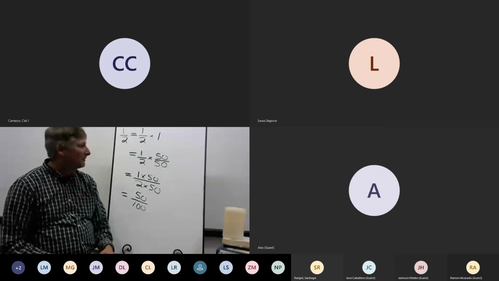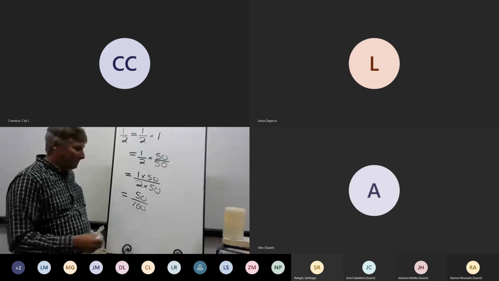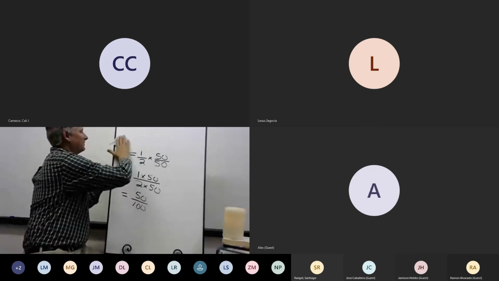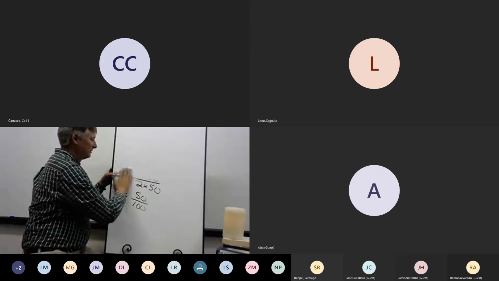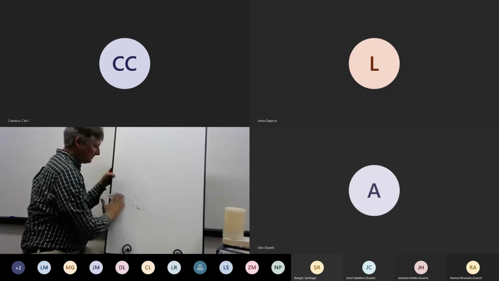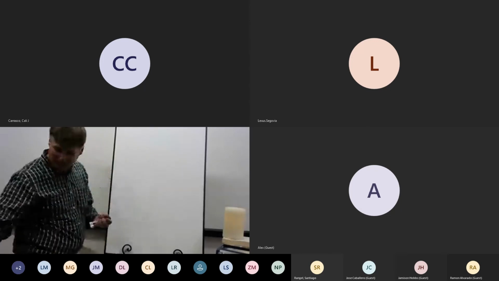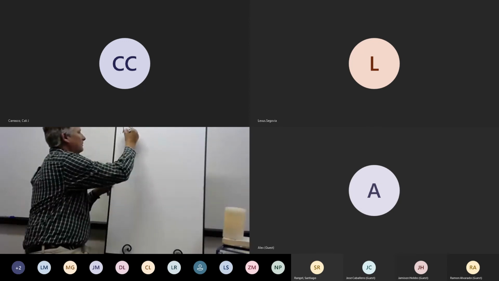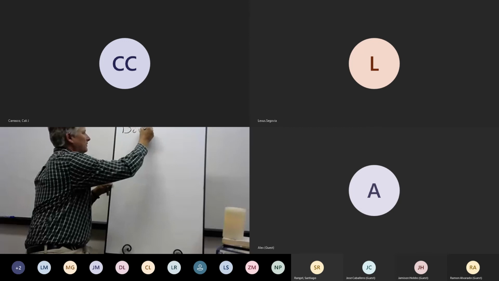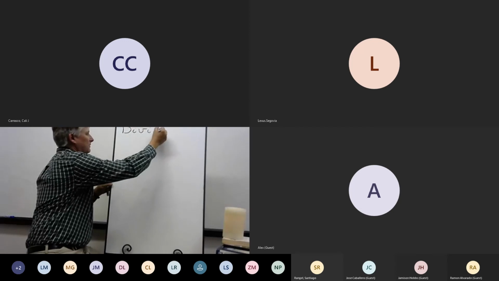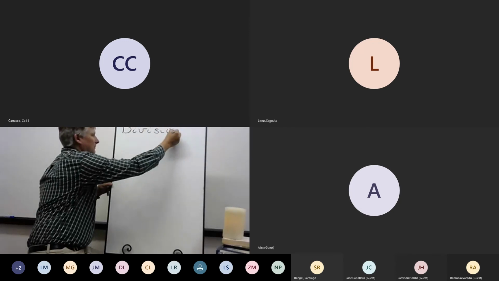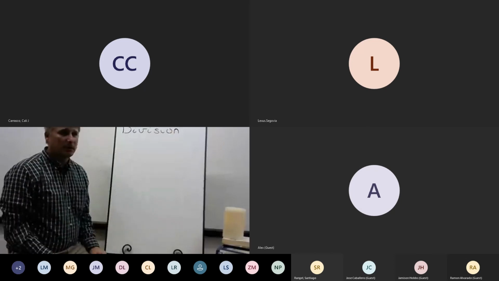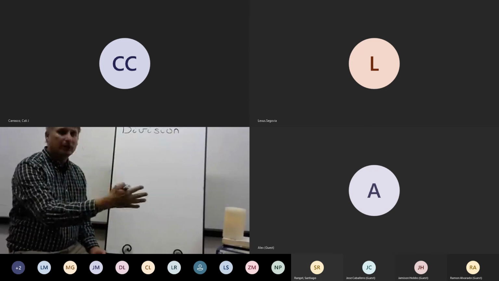All right. Let's get into fraction division. So the takeaway so far, you want to multiply fractions, just multiply across.